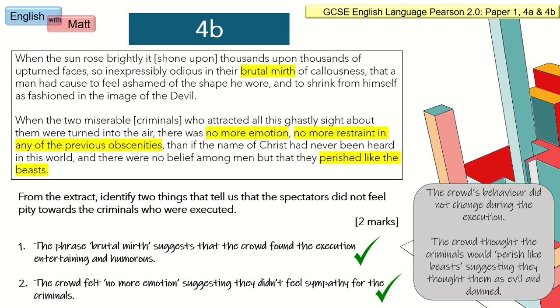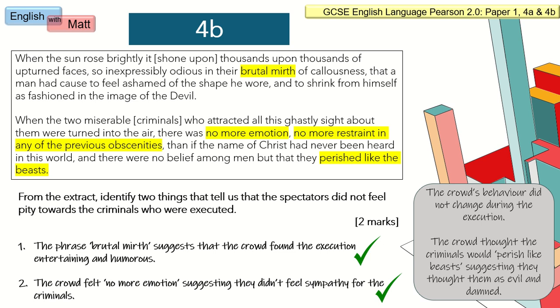2 other answers could be in the box there on the right hand side. The crowd's behaviour did not change during the execution, so they had no more restraint in any of the previous obscenities, meaning that they just continued to act as they always had done, even when the 2 criminals were brought out to be executed.